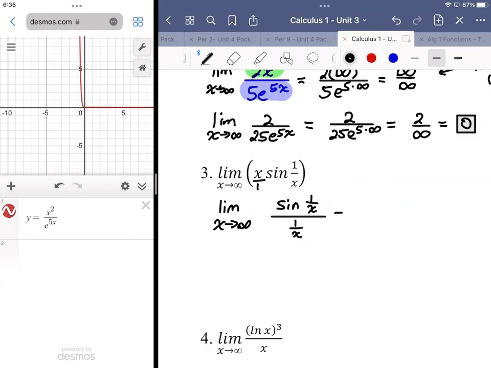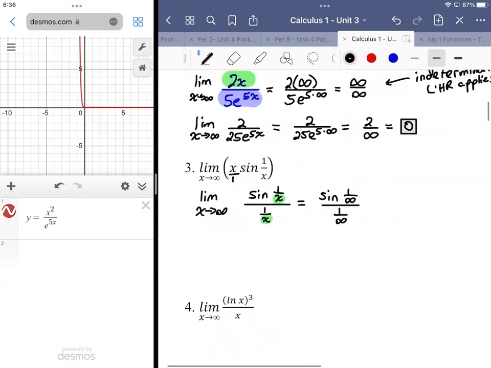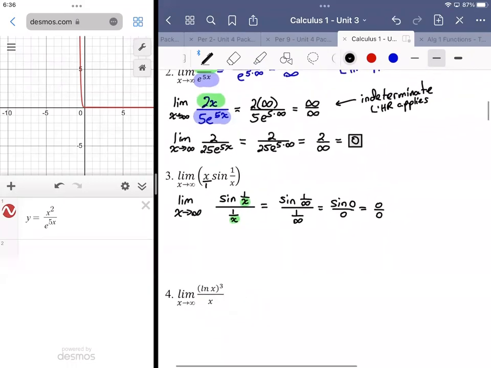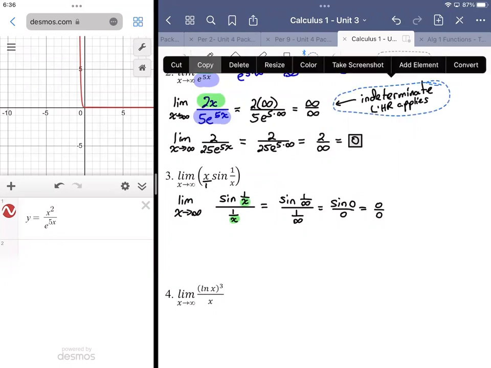Because when I plug in infinity for x, I get the sine of 0, really 1 over infinity, over 1 over infinity, which is sine of 0 over 0, which is 0 over 0, an indeterminate form, telling us that L'Hopital's rule applies.